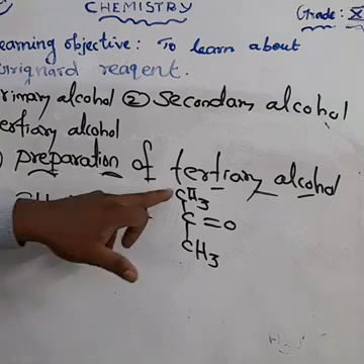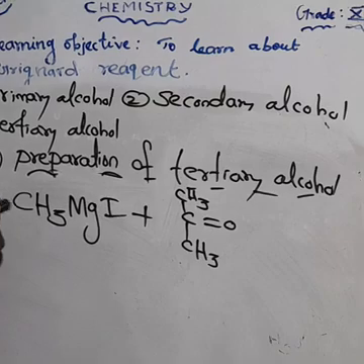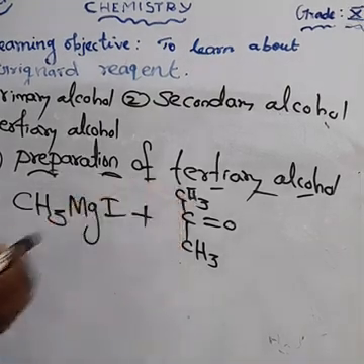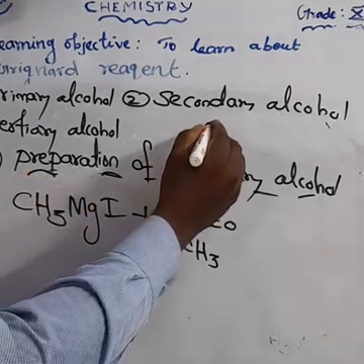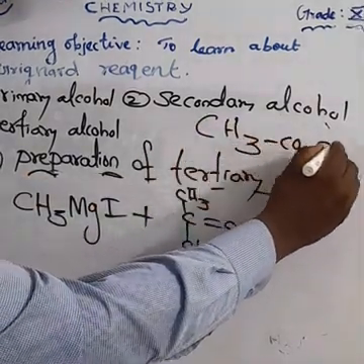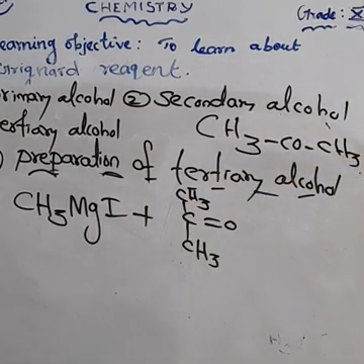What is the formula for acetone? CH3COCH3. This can be written as CH3 C double bond O CH3.